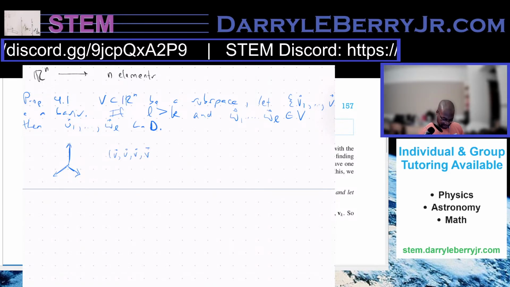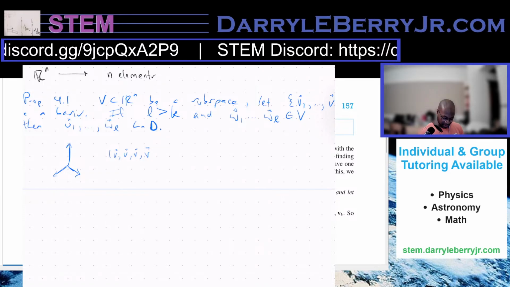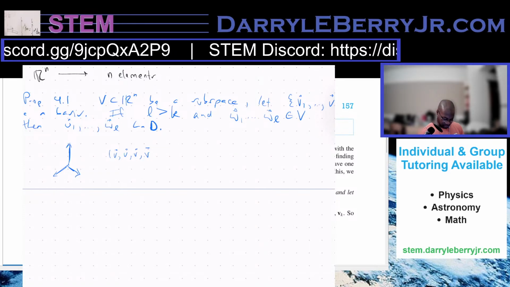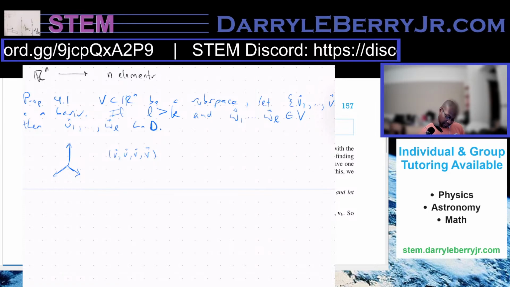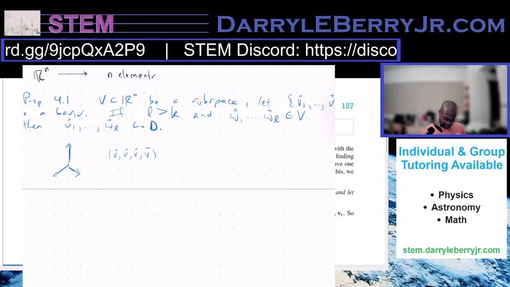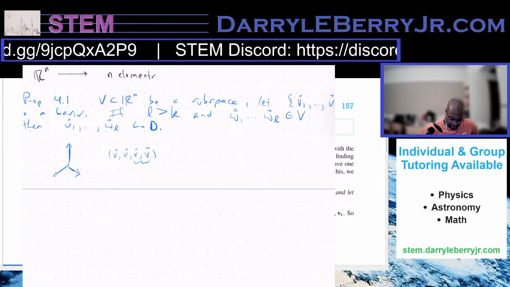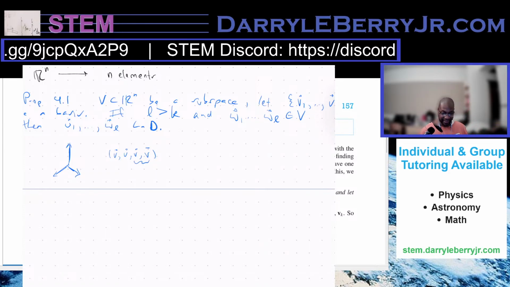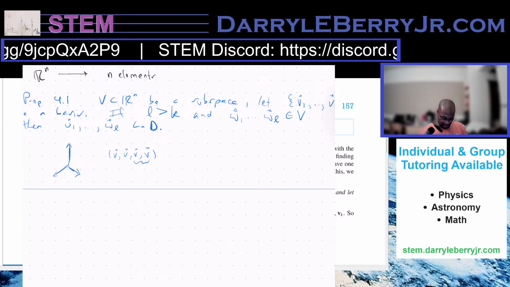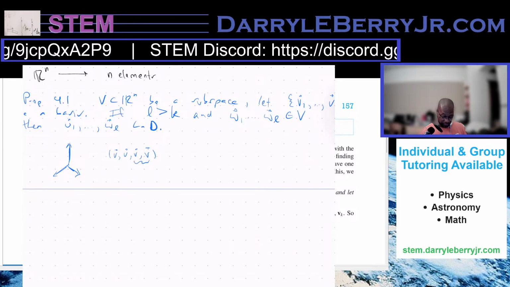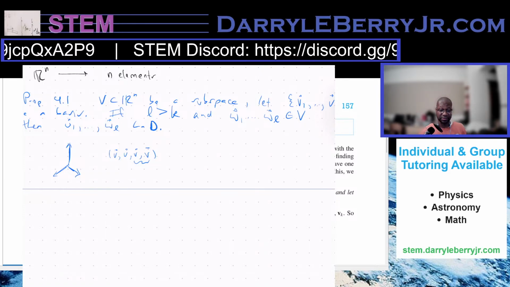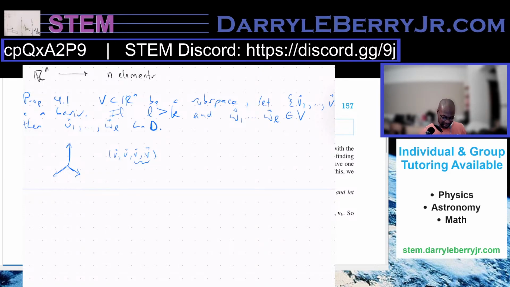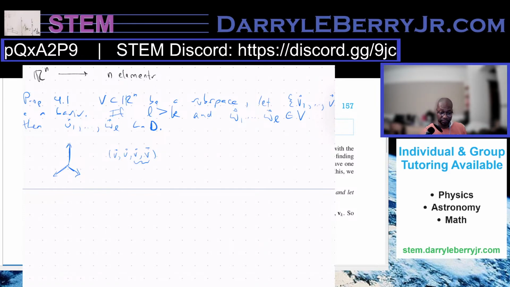Since that space is limited to only three, I'm not sure what the best word is, three axes, then you know that at least two of these must equal each other in order for them to span that space, because there's only three axes to span. So two of these must be linear combinations of each other, which makes them linearly dependent.